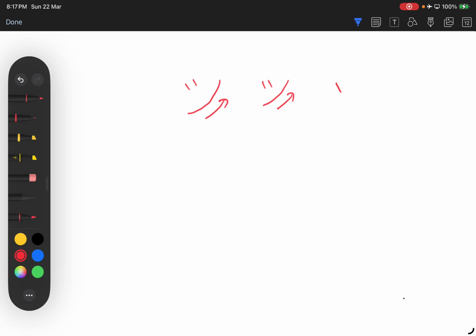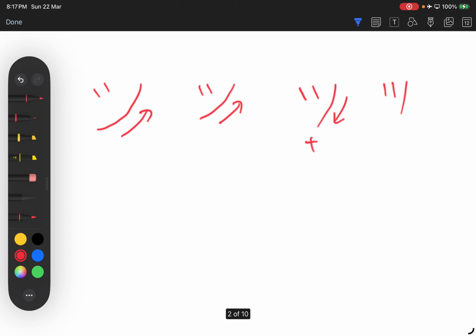Then for 字, 1, 2, 3. This is coming down. So for 字, you can consider writing a curved line over here like this, or you want to do a horizontal, a vertical straight line also can. As long as it looks something like this, it's okay.